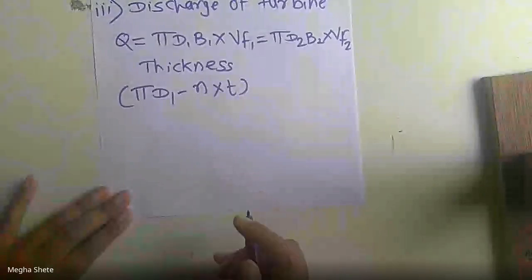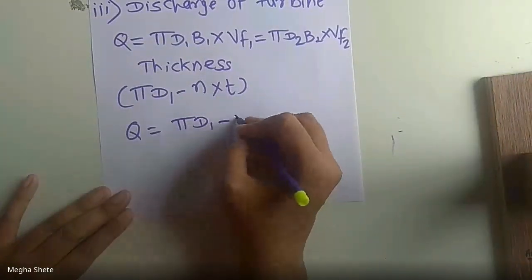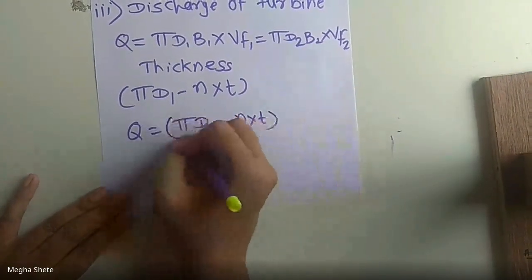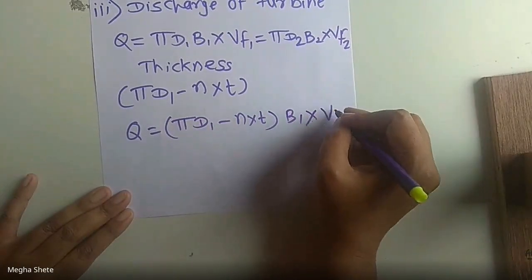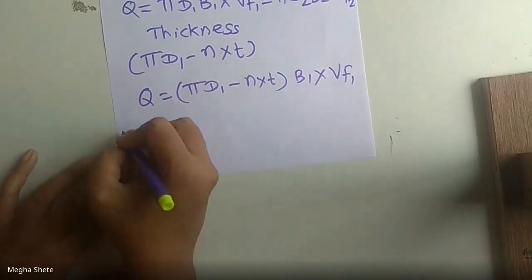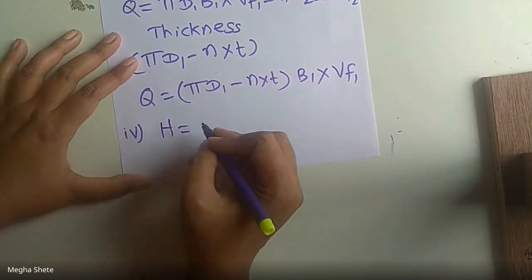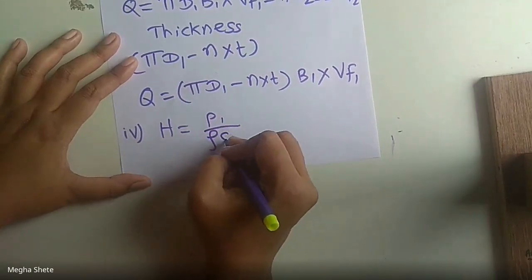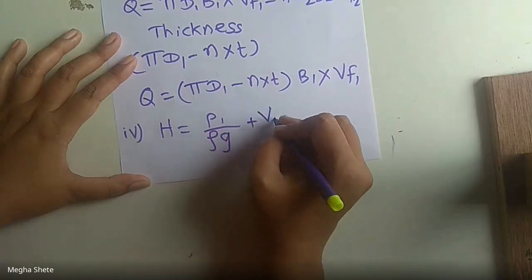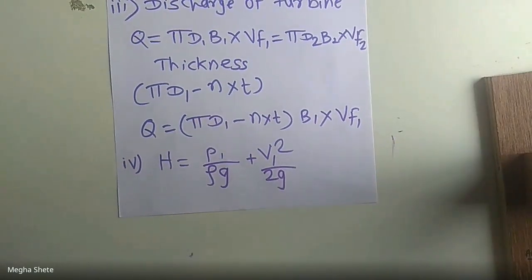The discharge is given by capital Q is equal to (pi D1 minus n t) B1 into VF1. The next formula, the head on the turbine, is given by capital H is equal to P1 divided by rho g plus V1 square divided by 2g, where P1 is the pressure at the inlet.